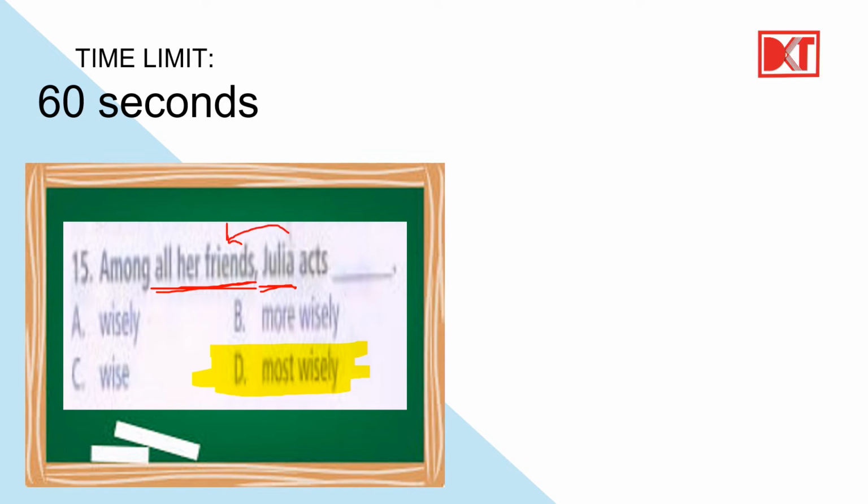Which degree is used for this? Most, meaning superlative degree. So here we will be using most wisely. And wisely is the adverb here. So the degree of adverb to be used is superlative. Other options. A, wisely, just an adverb, no degree is used. B, more wisely, comparative degree, incorrect. C, wise is an adjective, so it is also incorrect.